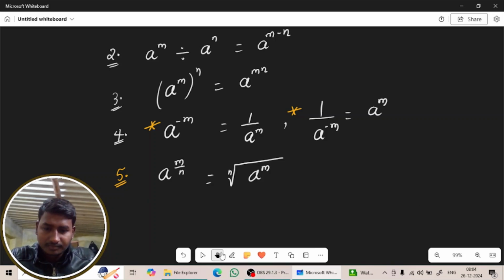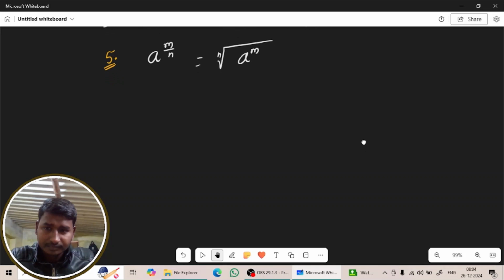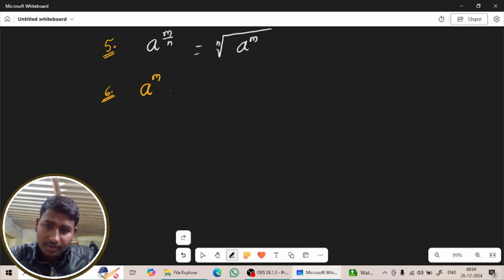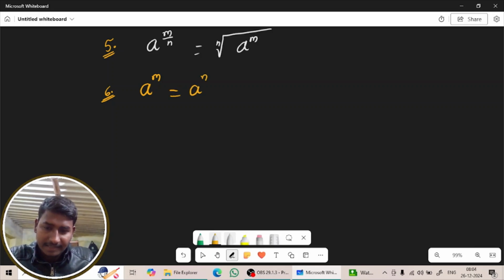Now, some other rules. These rules are very important to solve problems, so I'm writing these two rules. If you have a to the power of m equal to a to the power of n, the bases are the same, so their powers will also be the same. So we can conclude that m is equal to n.